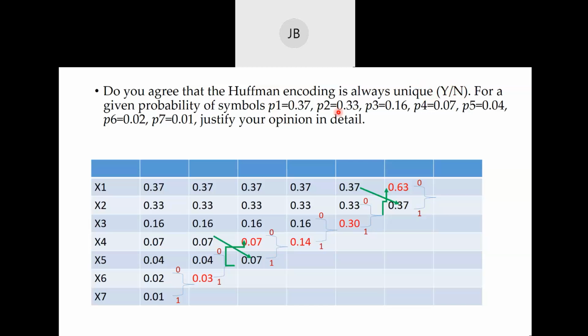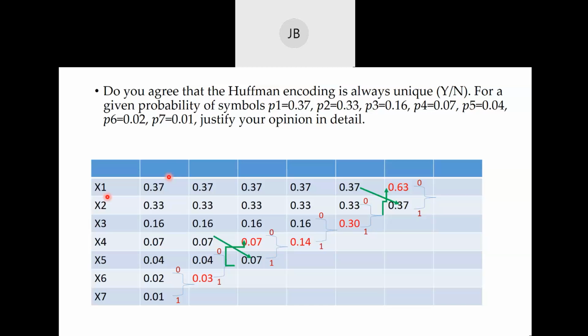You need to solve this in one way, and also you need to solve it in the other way, that is placing the symbol at the bottom instead of at the top. Then you will come to know whether the coding values you get are the same. They may not be the same. So then you have the justification. We will try to solve that here.